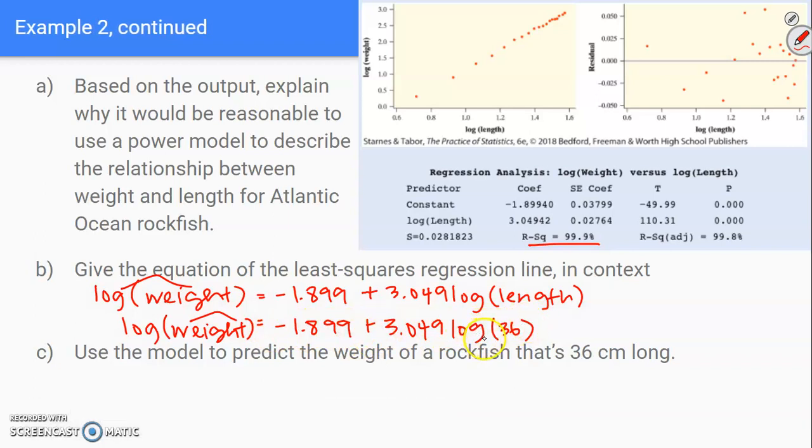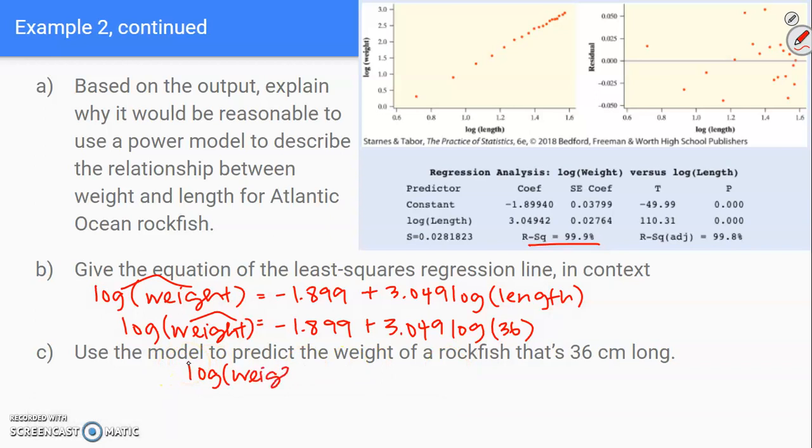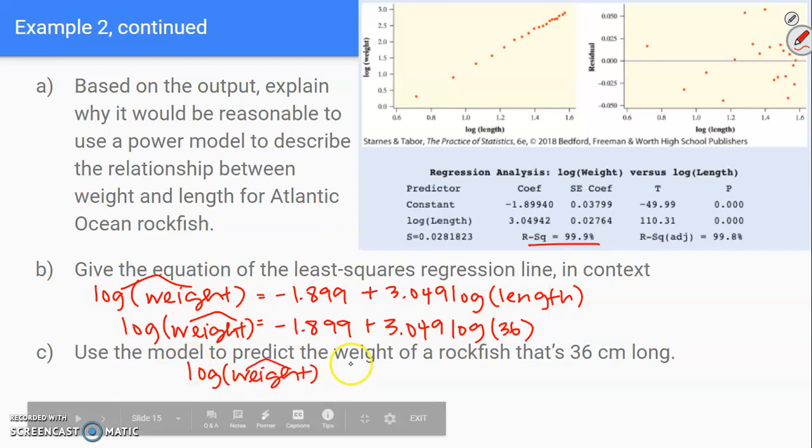We're going to assume log base 10 because it doesn't have a number, and that's typically what it is. So we're going to use our calculator and just plug this in. And when I do that, I'm going to leave the left side as log of predicted weight. And then on the right side, when I put that in my calculator, I got 2.846.